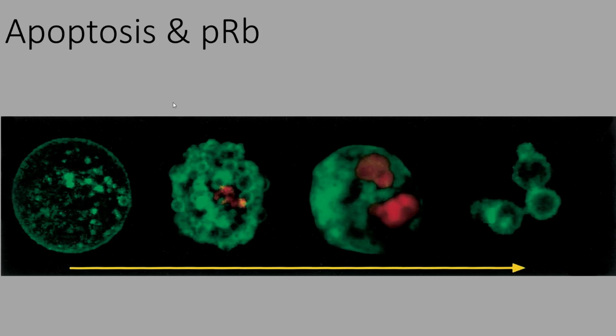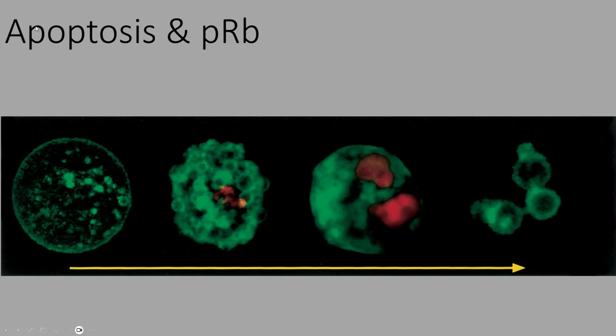So why would a cell do that? Why would we have programmed cell death? Well, we look at this gene called PRB, the gene that triggers apoptosis.